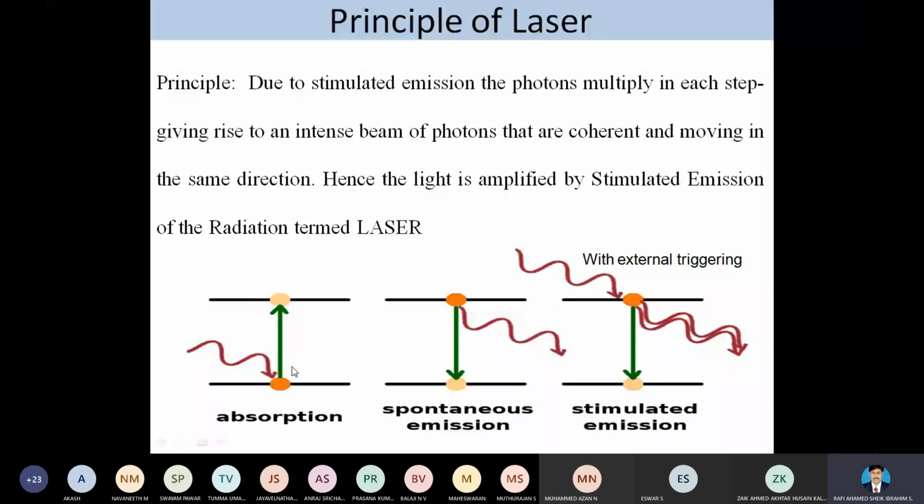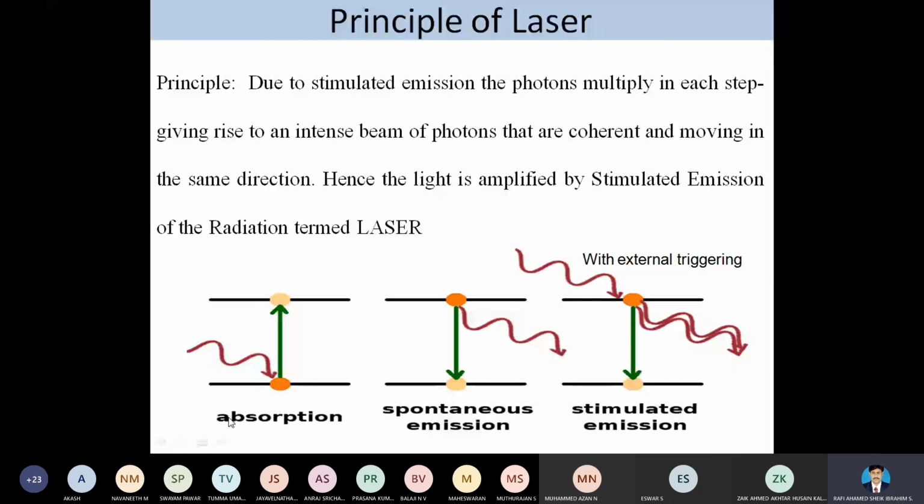I will explain in detail later. After gaining the energy, it goes to the higher state. The process involved in this mechanism is called rate of absorption. So this is the absorption.